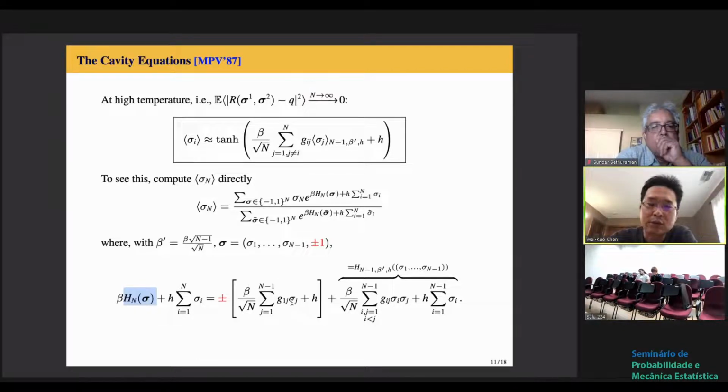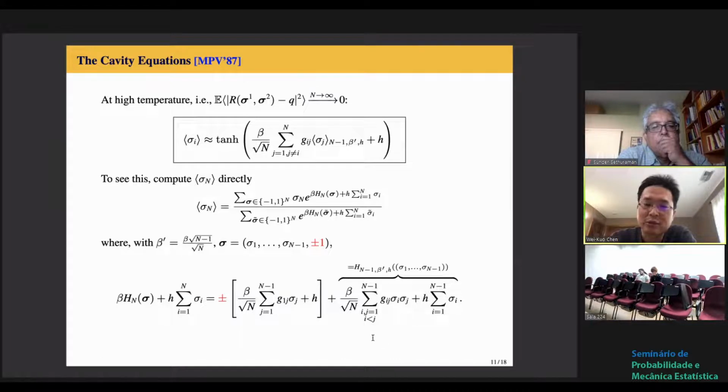Originally I should have sigma_j and sigma_n, and since I choose sigma_n to be 1 or minus 1, that sigma_n will be here. And then this is the triangle that I cut, from n minus 1 to n minus 1.